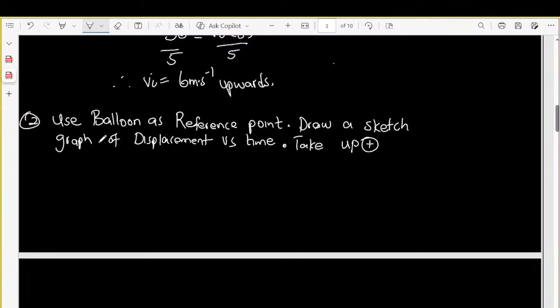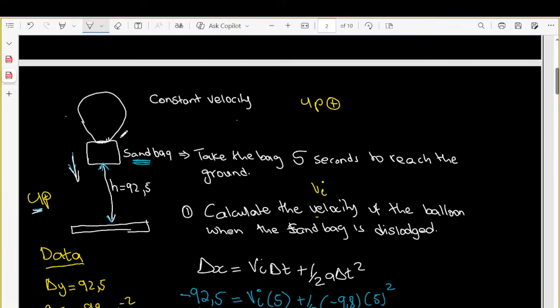Okay, let's go back to the question. Let's go back to the diagram. Make sure that you understand the diagram. We have a hot air balloon that is moving up, and once it moves up, we see that the sandbag is dropped.